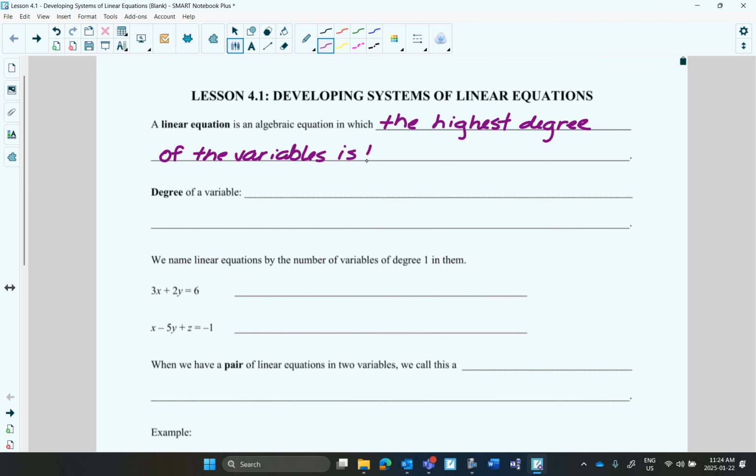is 1. So what's this degree thing? It has nothing to do with angles. Okay? The degree of a variable refers to its exponent.